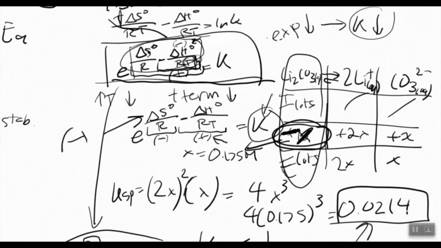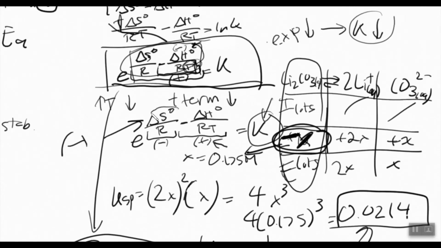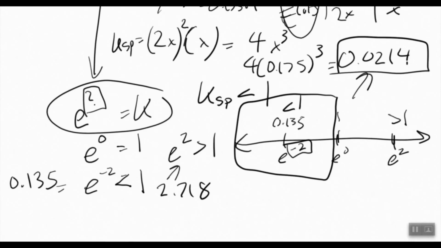So it doesn't make any sense. So this delta S has to be negative, and we don't know what value it has to be, but we just know it has to be negative, so that this exponent overall has a chance of being negative, since a negative plus a positive can potentially be a negative if the negative is large enough. So e to a negative number will yield a k that is less than 1.